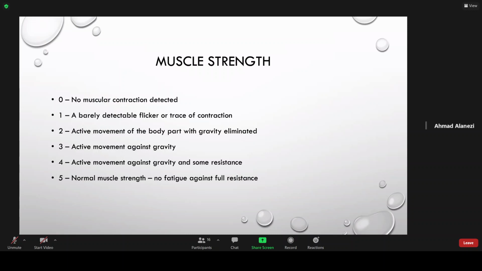Grade 3, there's movement against gravity, but there is weakness. Grade 4, he's weak, but he's able to provide movement against some resistance. Normal muscle strength, the child resists you normally. So if you examine kids' power more, you will get a sense of weakness.